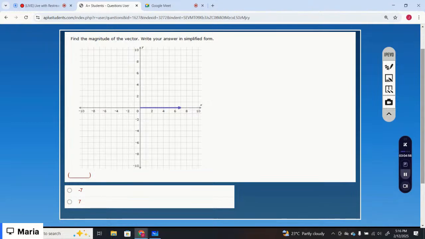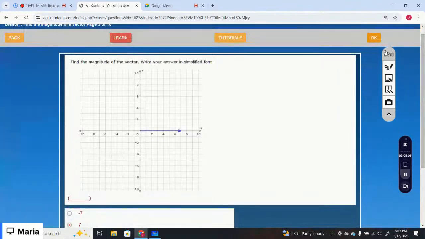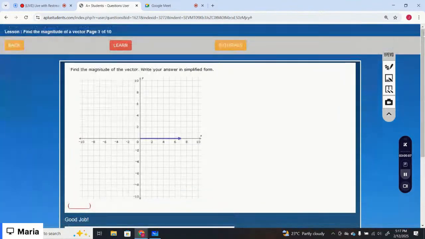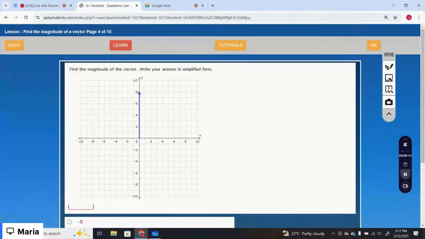The correct option is 7. The magnitude of the vector is 7. Option number 2 is the correct option. The magnitude of the vector, write your answer in simplified form.